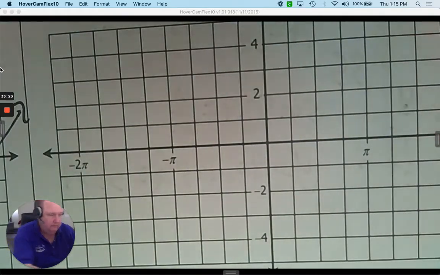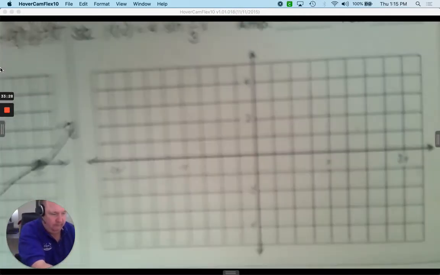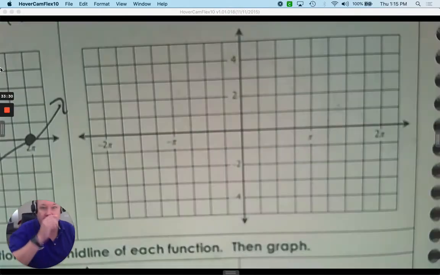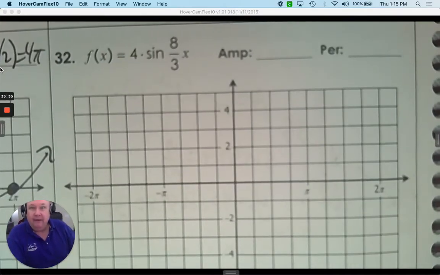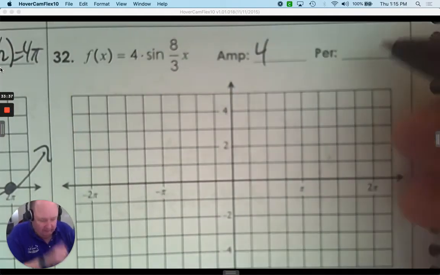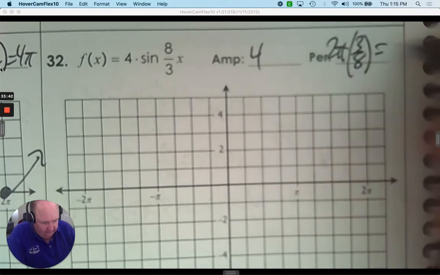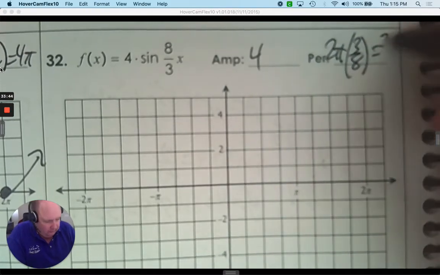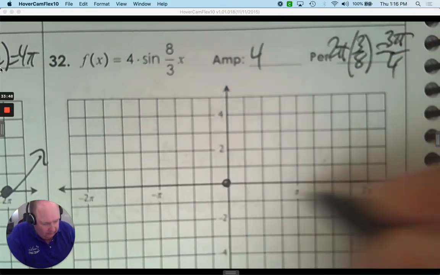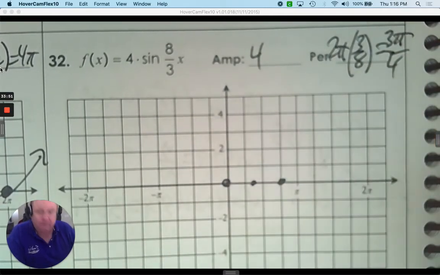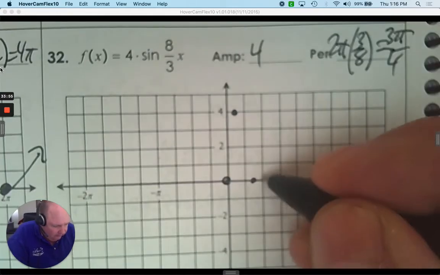Number 32. The amplitude there, sine does have an amplitude. The period would be 2 pi times 3 over 8. That would be 3 over 4. Sine starts in the middle, and then it goes up to 4, and then it goes down to -4.